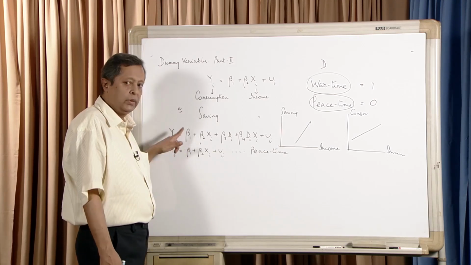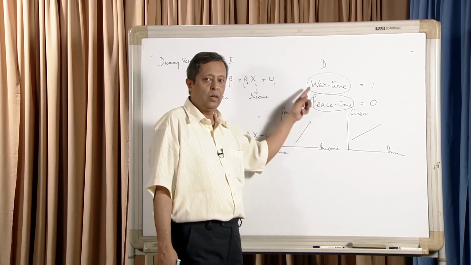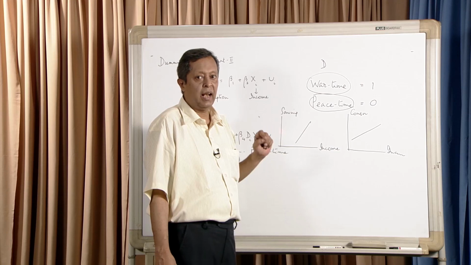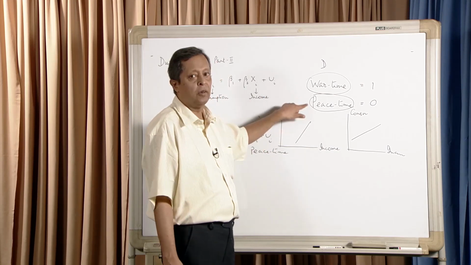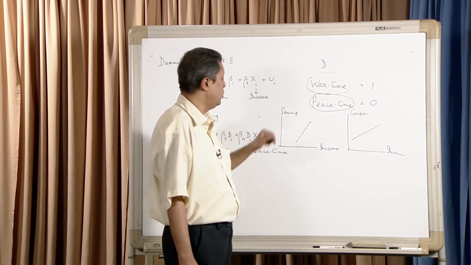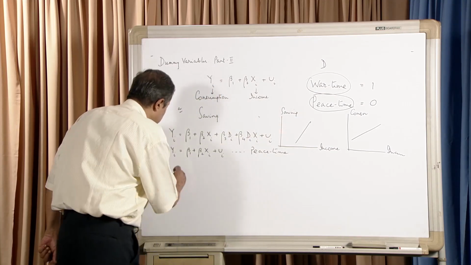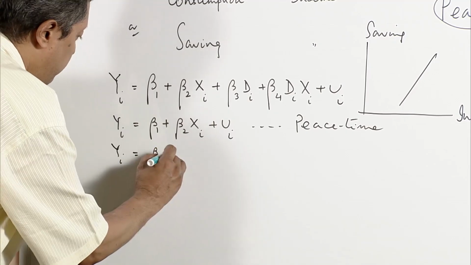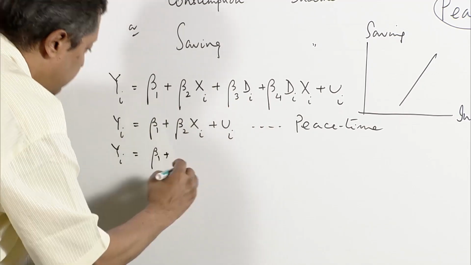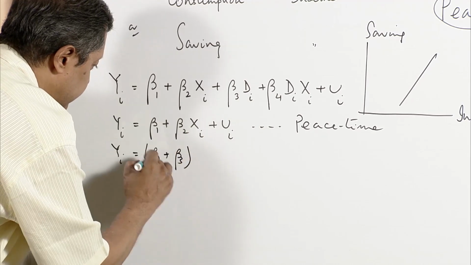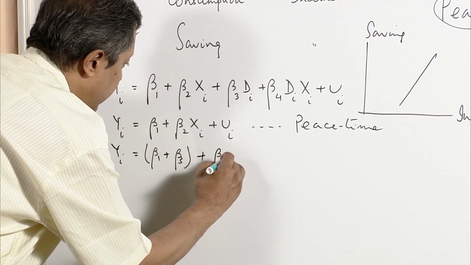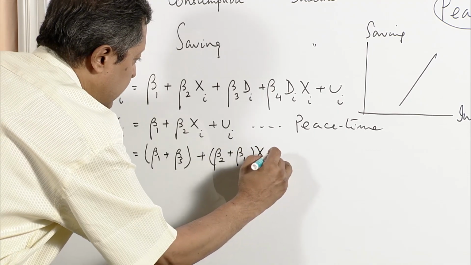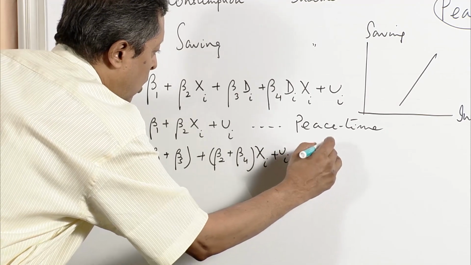As earlier studied, with an intercept, for each qualitative variable we take one less dummy than the number of categories. So, 1 less than 2 is 1. So, for wartime we will have y i equals beta 1 plus beta 3 plus beta 2 plus beta 4 x i plus u i. So, that is wartime.